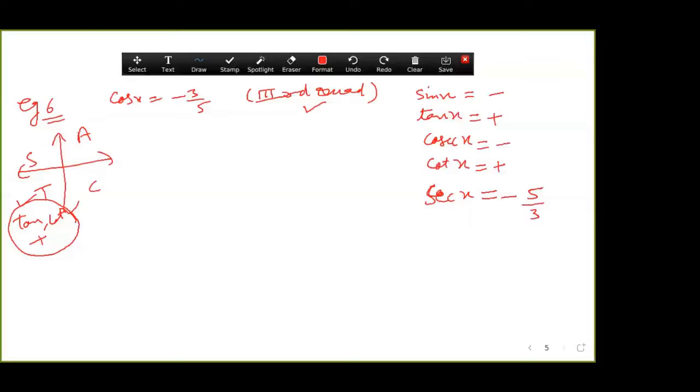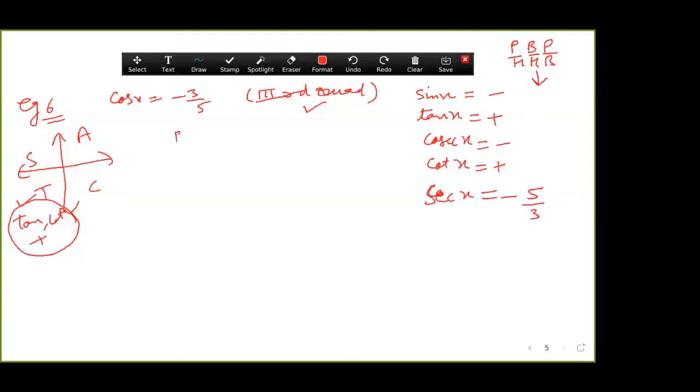Now what about sine x, tangent x, cosecant x, cot x? You have to find out the values. Some students do this question like this: cos is, as you know, Pandit Badri Prasad Har Bole, I think we have learned it like this. The cos is b upon h.